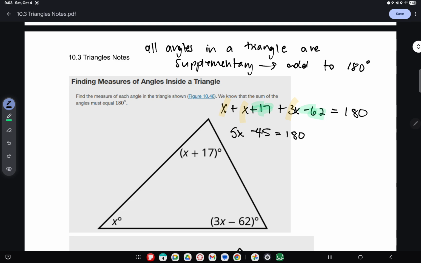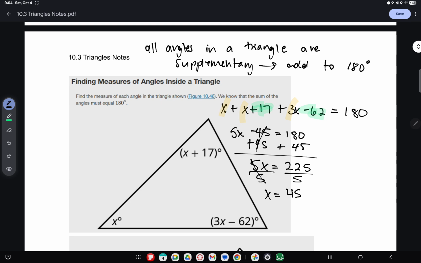Then I'll solve for x. I'll add 45 to both sides, and then I'll divide both sides by 5. 225 divided by 5 is 45.